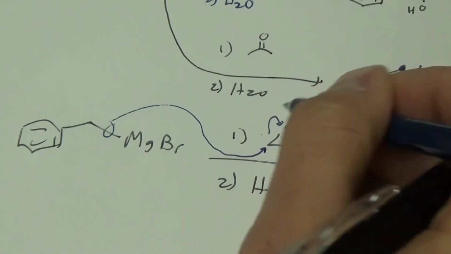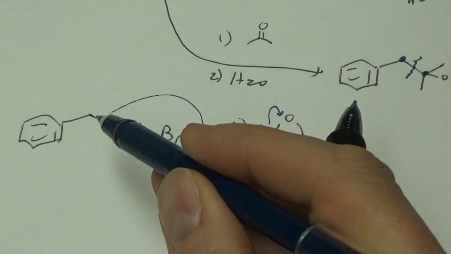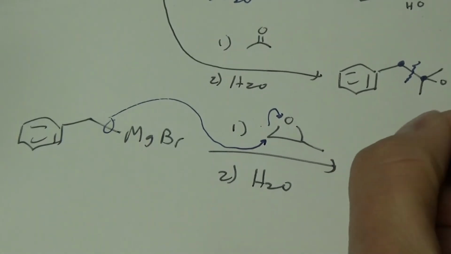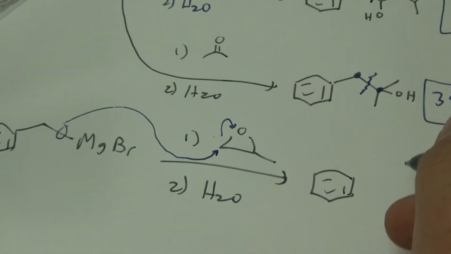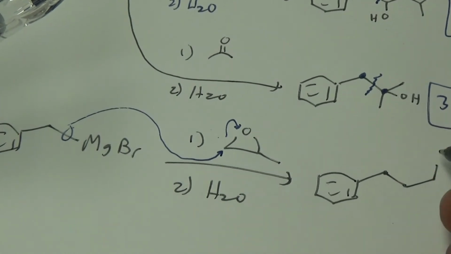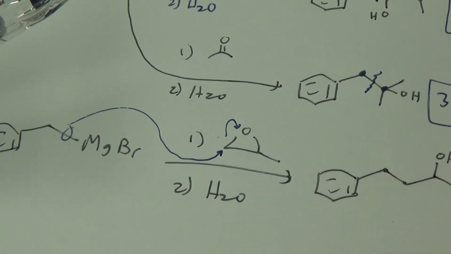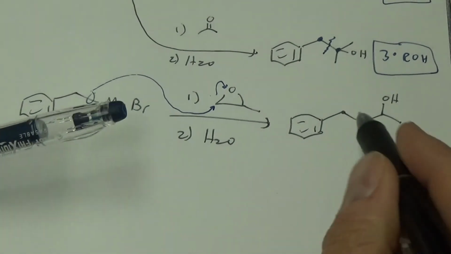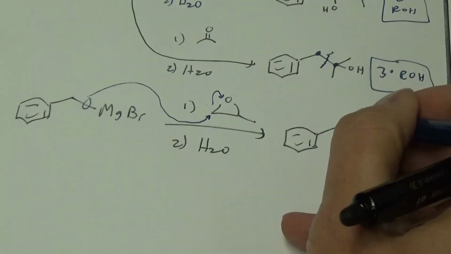I'll do a mini mechanism. I'm not going to show the intermediate, but of course that carbon attacks, opens up, and you get attack from the least inner side. Where's my squiggly?